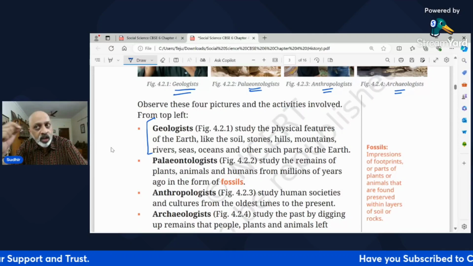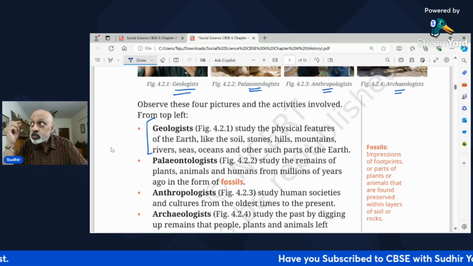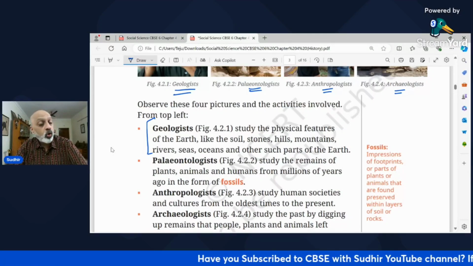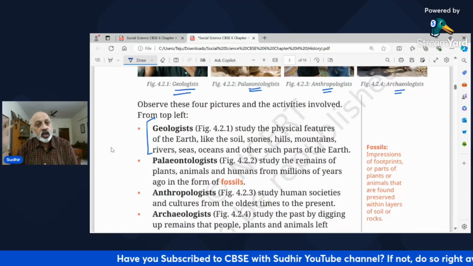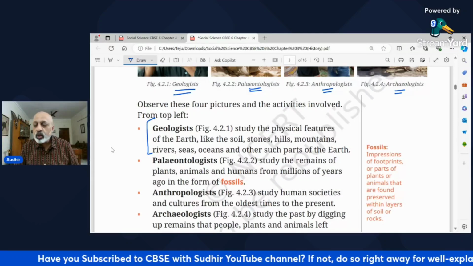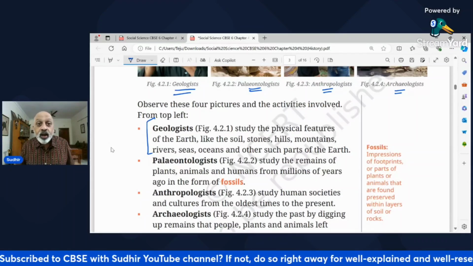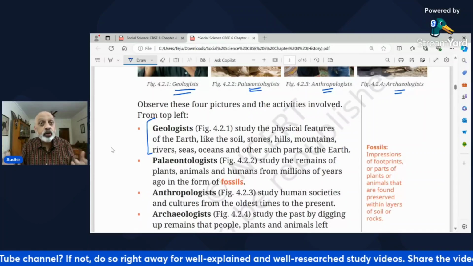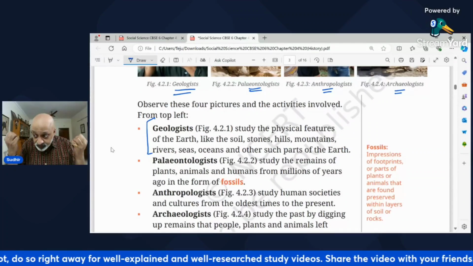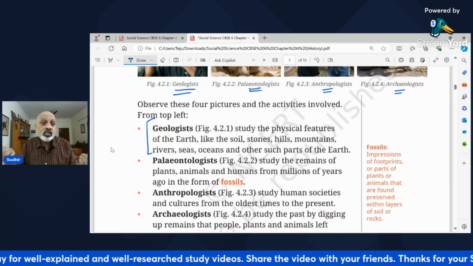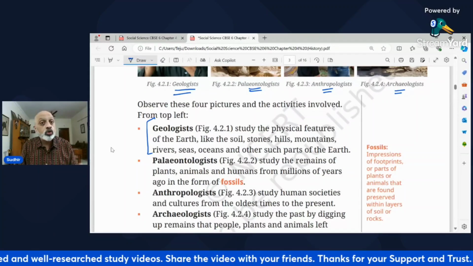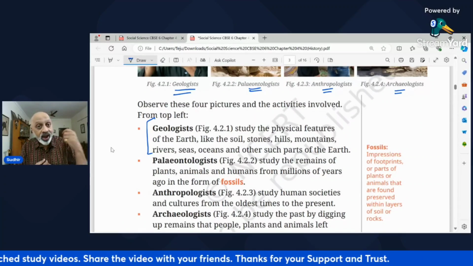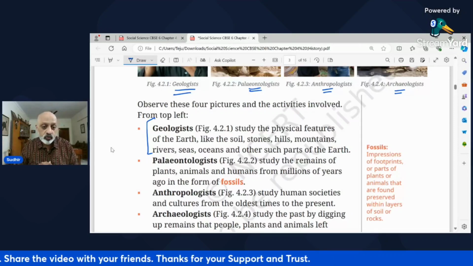So unless you are able to discover that such huge creatures also walked on the surface of the earth at one point in time, you think, wow, how do we know that? Because of paleontologists. They are the ones who were able to tell for sure that creatures like the mighty dinosaurs also walked on the surface of the earth millions of years ago.